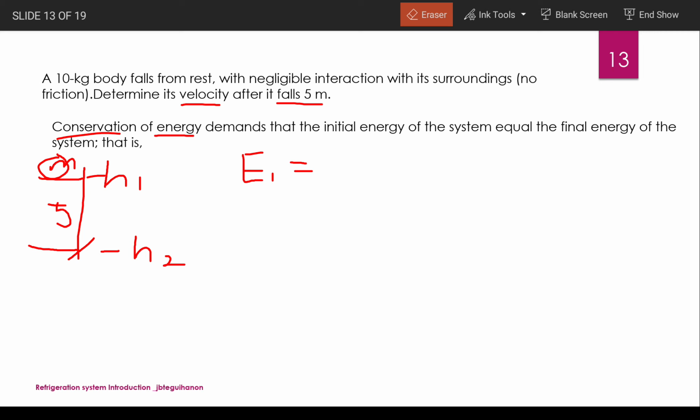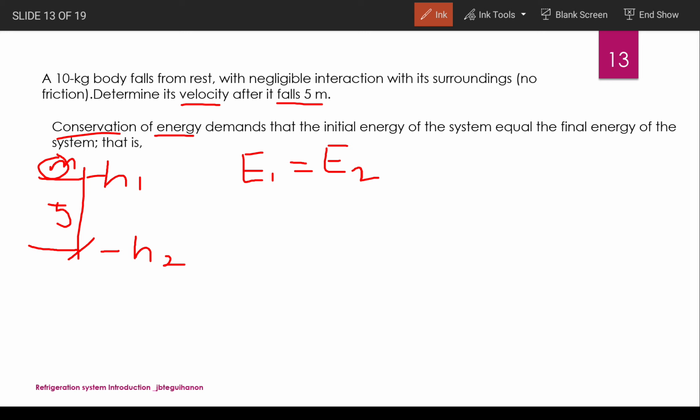So you got to have that, not an assumption but a statement of equality. So energy 1 is equal to energy 2. That's the best thing we can, not assume, but state, right?